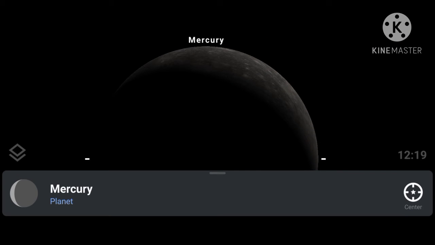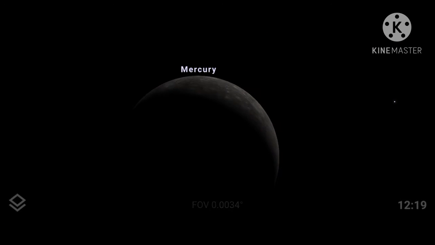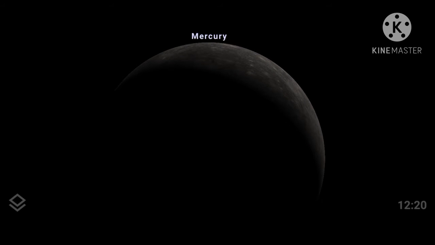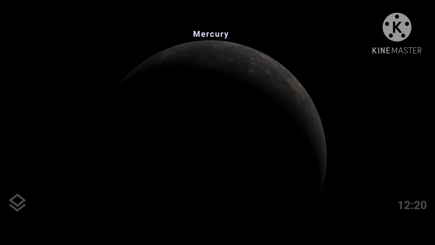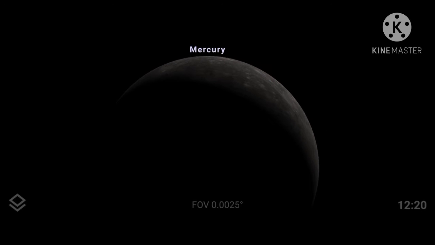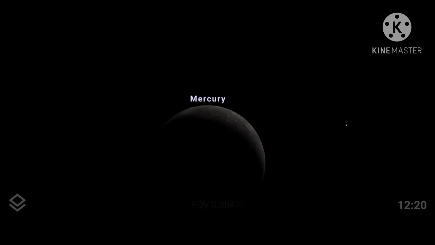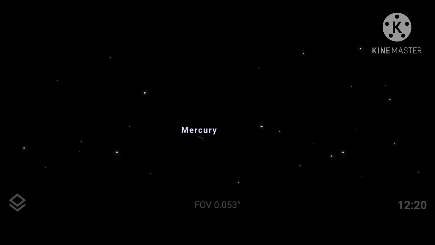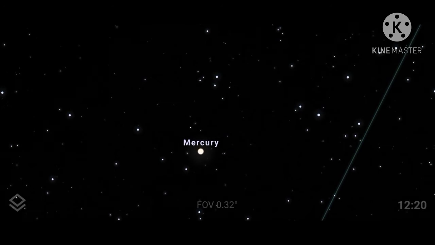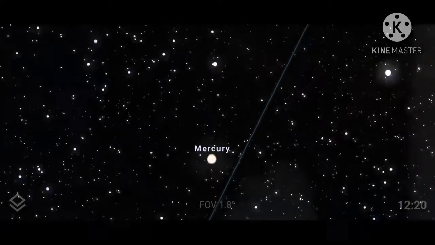Another interesting fact is that the iron core of Mercury is somewhat similar in size to our moon, and astronomers nowadays study that the inner core of this planet is continually shrinking as time passes by. And that summarizes our discussion about the planet Mercury.